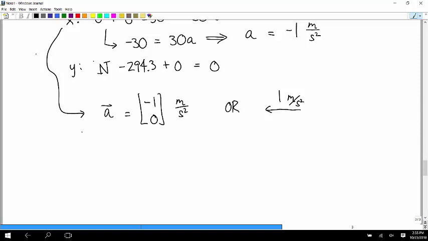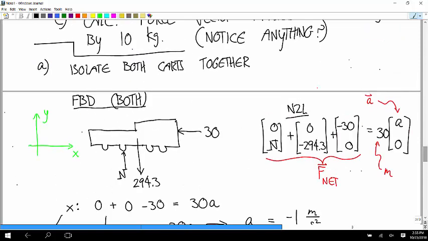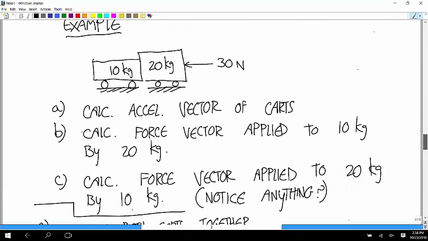Okay, so now we know the acceleration vector. And notice that acceleration vector is true for each individual cart also. Look at this picture. We calculated that if you treat this as a single object, it is accelerating that way at 1 meter per second squared. So if we isolate the 10 kilogram cart, we know that the acceleration of that one is 1 meter per second squared that way.